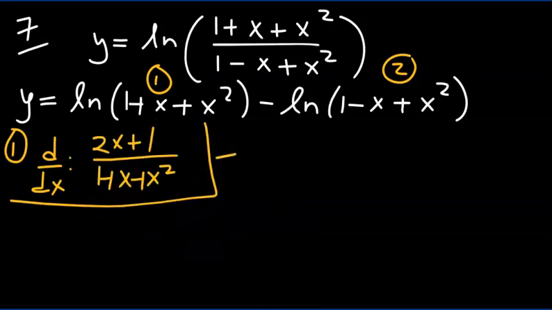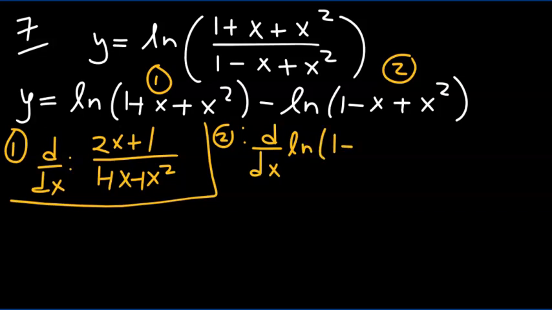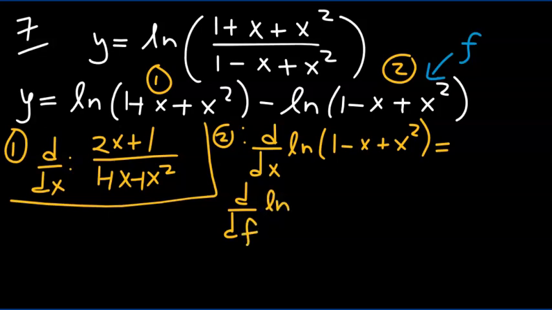So we have written here the result of differentiating term number 1. Let's do term number 2. So for term number 2, d over dx of natural log of 1 minus x plus x squared equals, let's call this term in the bracket for the term number 2 as f. Then this derivative is d over df, natural log of f, times df dx.